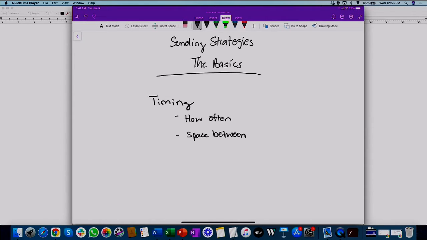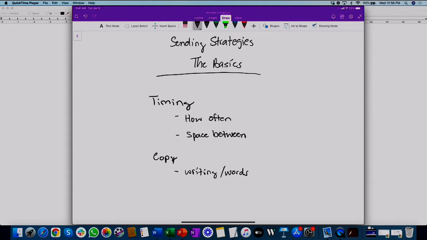So you look at timing, you look at the copy. This is the writing, the words. What are the words that are being used inside of your emails?